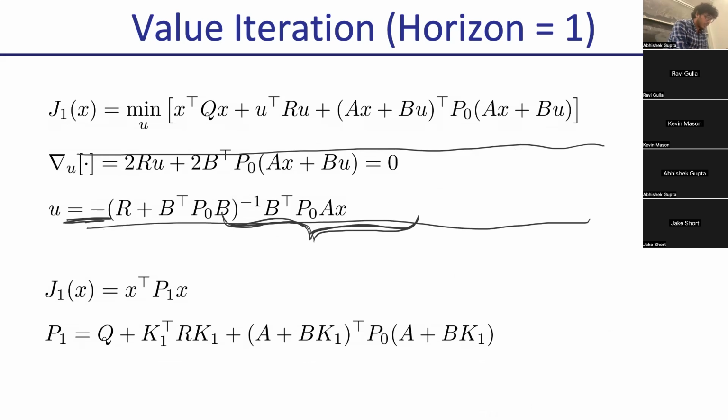Okay, so what we're going to do is notice that we've gone from 0 time steps to go to 1 time step to go, and we've expressed everything at 1 time step to go in terms of the 0 time steps to go.